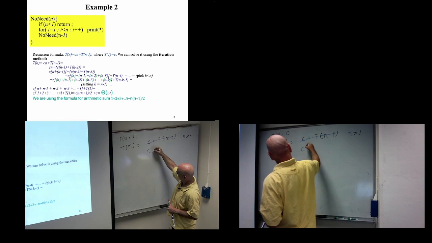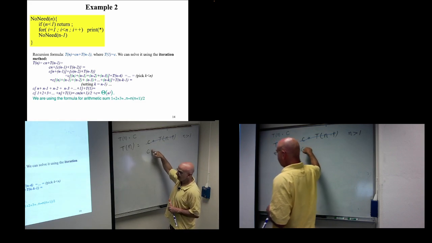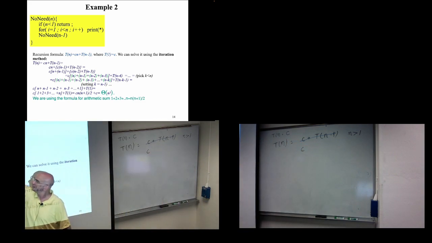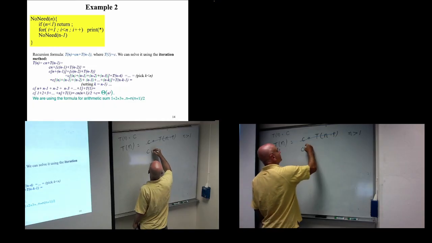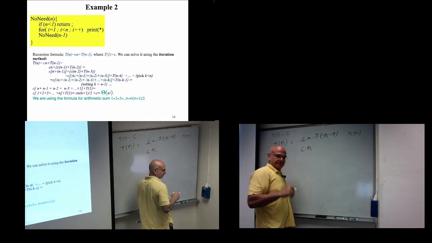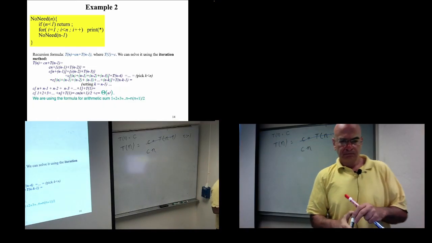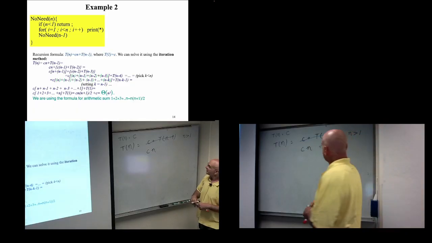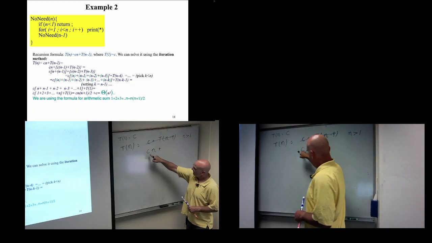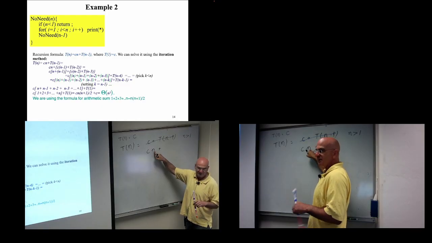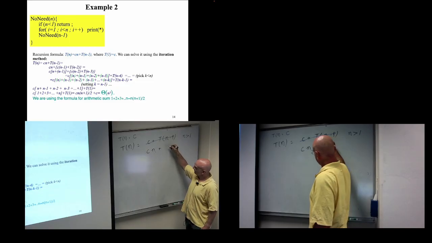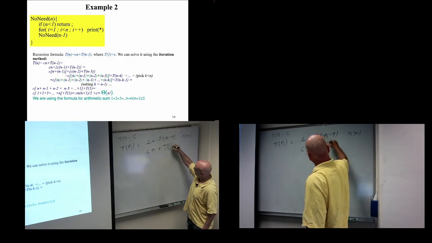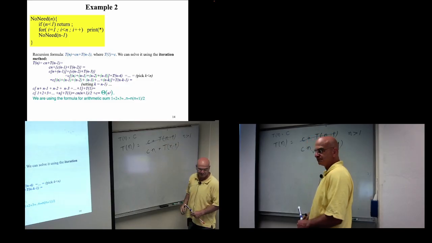It is not 1 times C, but I need to accumulate for all the asterisks that I print over here. So it is C times n, maybe it's n minus 1, but again, that's a type of noise that the recursion formula doesn't care about, plus once again T of n minus 1.